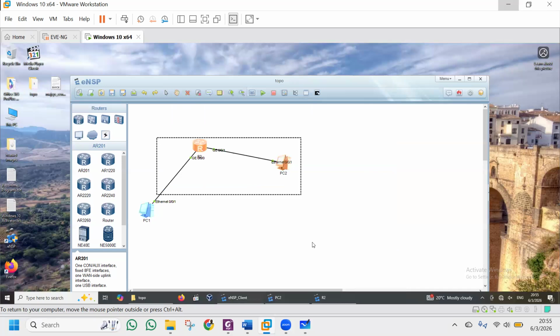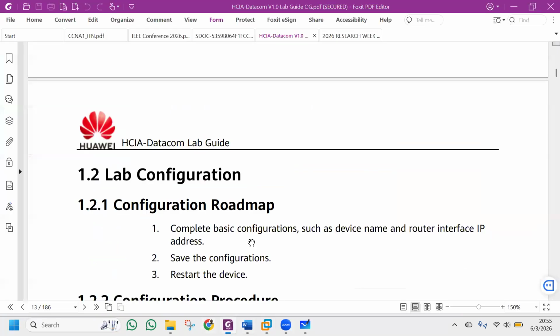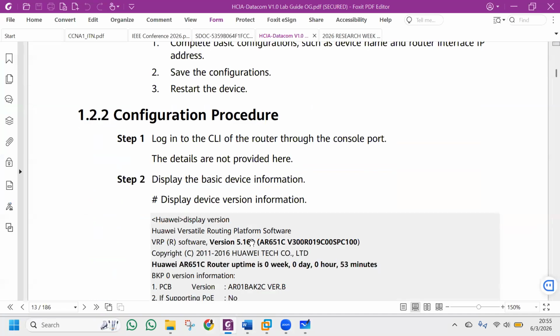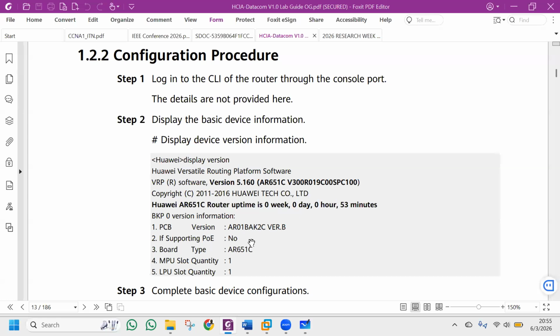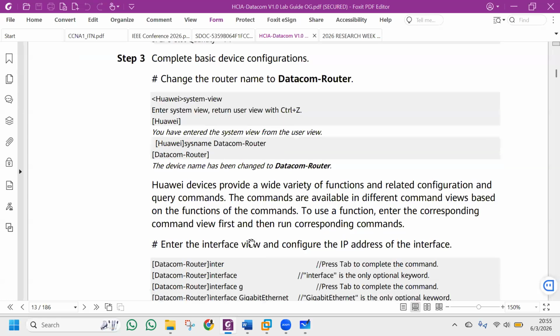Right. Now to go a little bit further, to the next lab. So for our lab, I'm not going to repeat the first one, lab 1.1. We basically introduced how you set up the topology and go through the basic configurations. Here we're changing the router name.